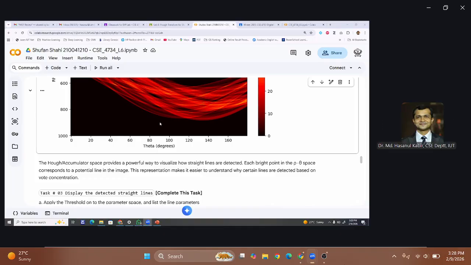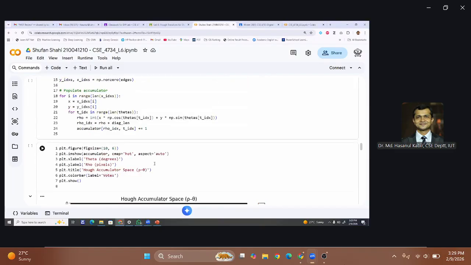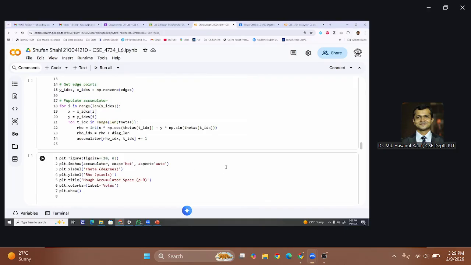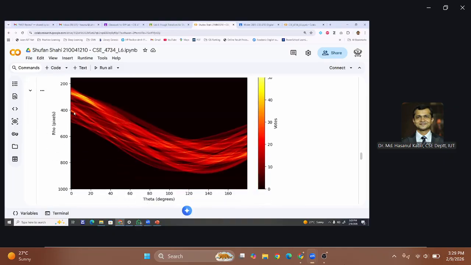Okay, so I will leave it to you. Please complete it. It's an easy set of lines that you have to write. The equations are all there. You just have to write 2 for loops, and you can do voting in the accumulation space. We know that the theta is going to range from -90 to +90.